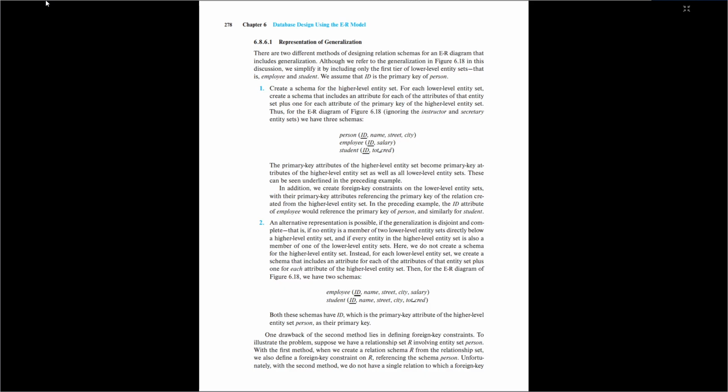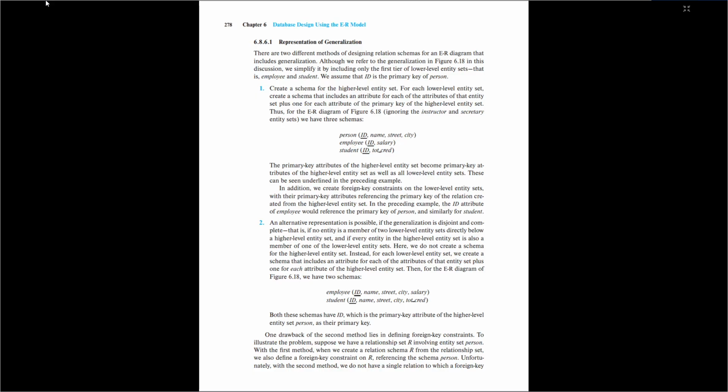2. An alternative representation is possible if the generalization is disjoint and complete, that is, if no entity is a member of two lower-level entity sets directly below a higher-level entity set, and if every entity in the higher-level entity set is also a member of one of the lower-level entity sets. Here, we do not create a schema for the higher-level entity set.